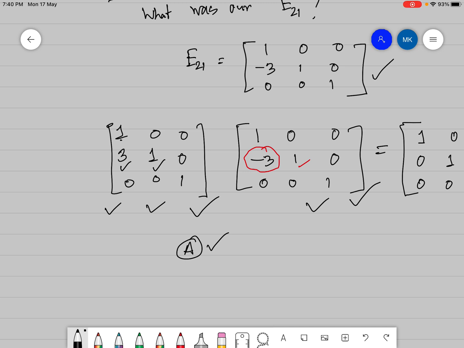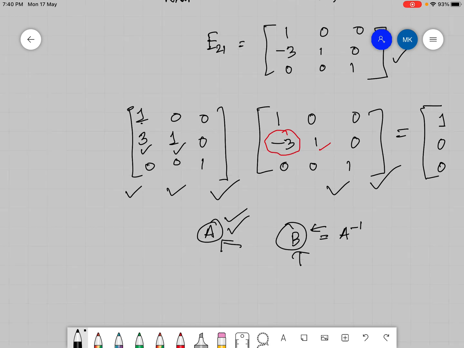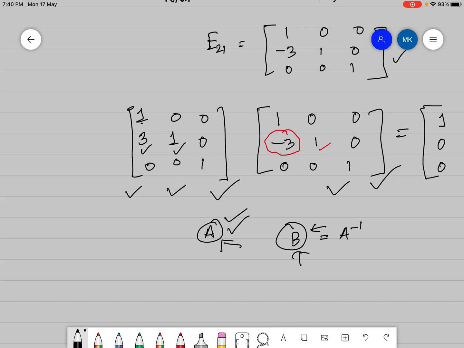If there is another matrix B that undoes the operation that this matrix does, so B is like the antidote of A, then B is called the inverse of A. So that's where the idea of inverse matrices comes from.